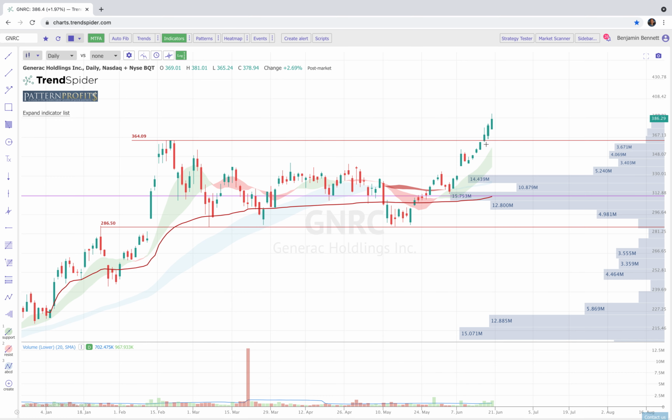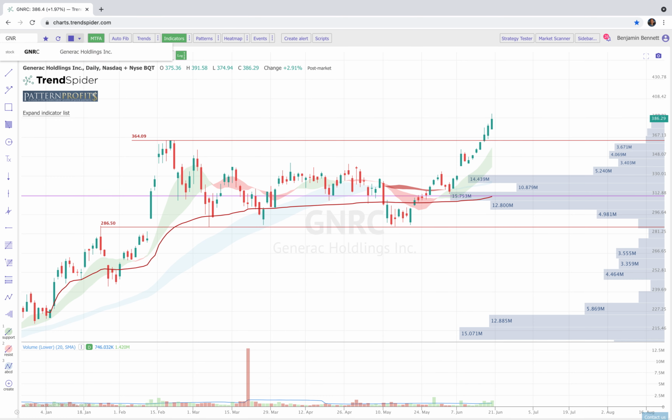The actionable entry is when it pushes through 364.09, the pivot, on big volume. That's when it's actionable. The setup itself, we're putting on the map because we want to keep an eye on it while it's in this area before it actually confirms an entry.